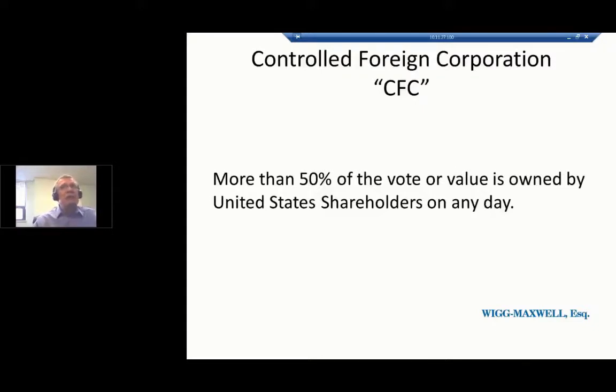The 10% test is one where if you have 10% or more, you're over the threshold to be a United States shareholder. So basically, if you have 10% shareholders who together hold more than 50% of the corporation, it's controlled by U.S. shareholders, and you're going to be a controlled foreign corporation.